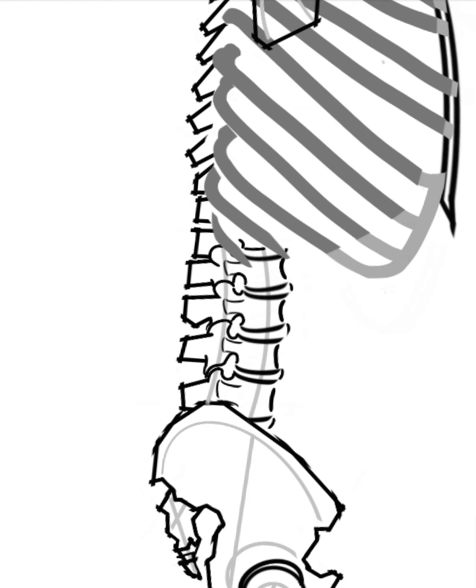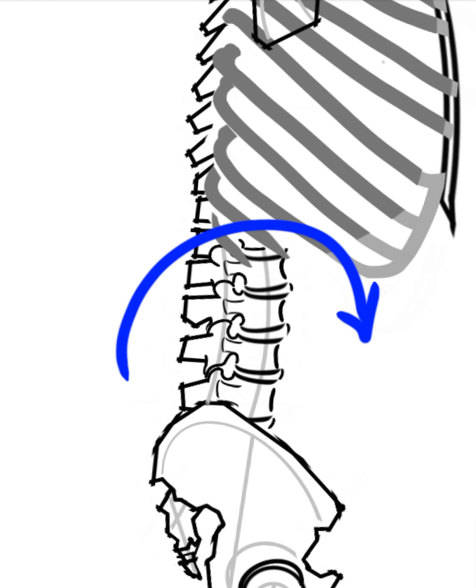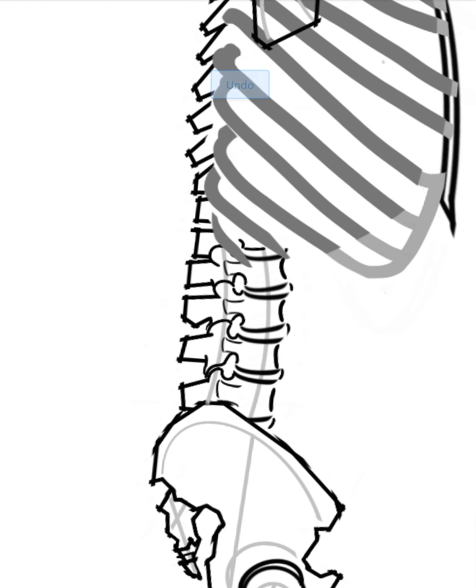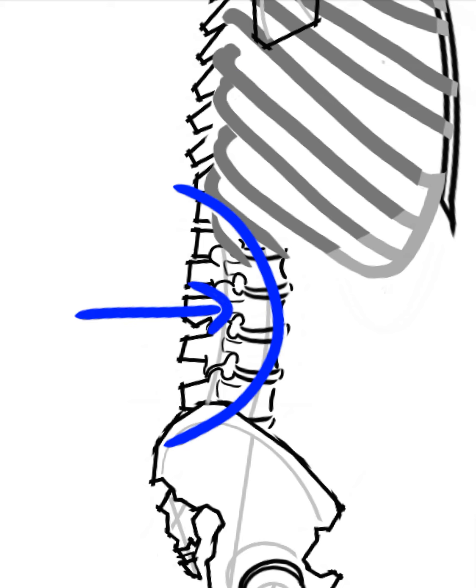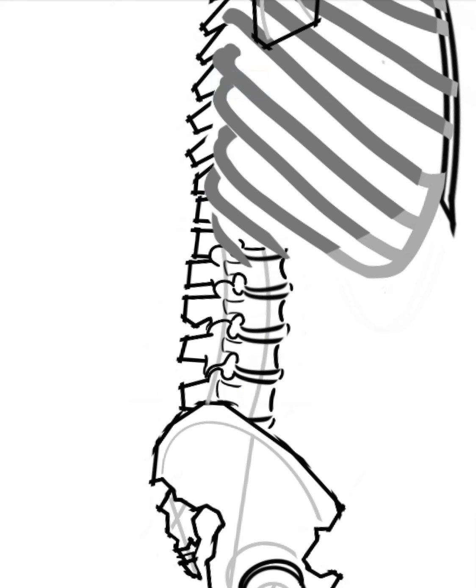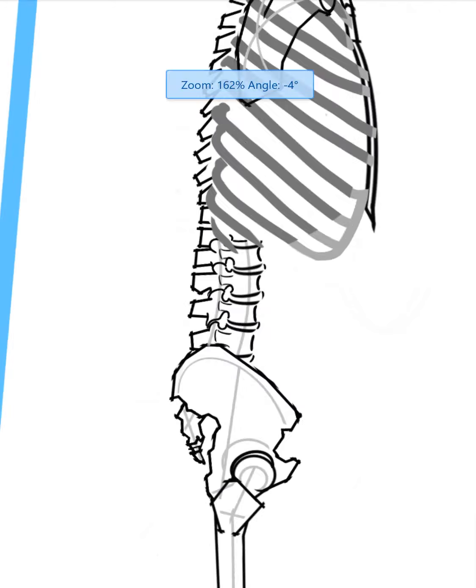Looking at it from a side view, it definitely does this. So it goes into extension, goes into basically flat. You can sometimes see a flexion occur, but that's usually not a good thing. This is more of a dysfunctional spine, but it should flatten out. That's what we consider flexion.